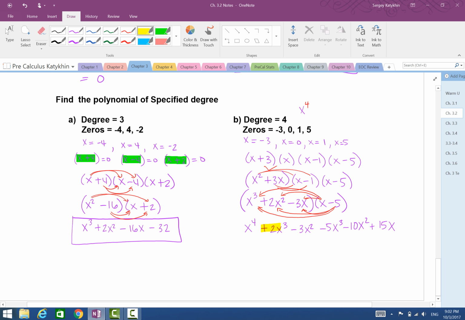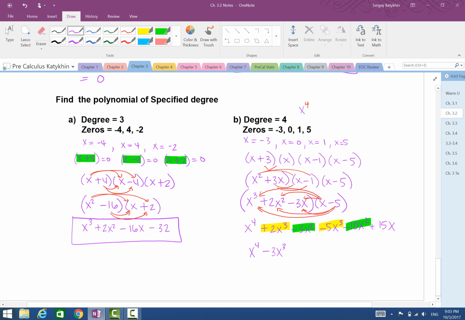Notice we do have like terms. We have x cubed, we have another x cubed, we also have x squared, and we have another x squared. So let's go ahead and put them all together. We get x to the fourth. 2x cubed minus 5x cubed will give us negative 3x cubed.